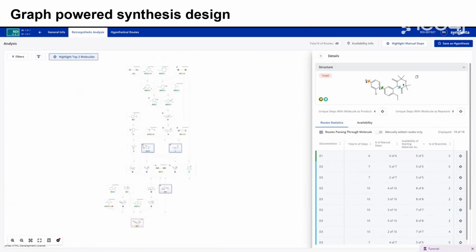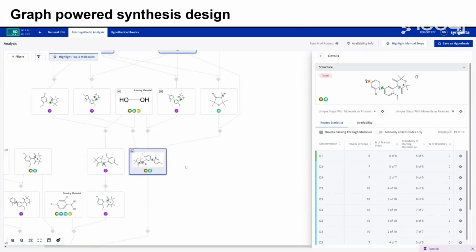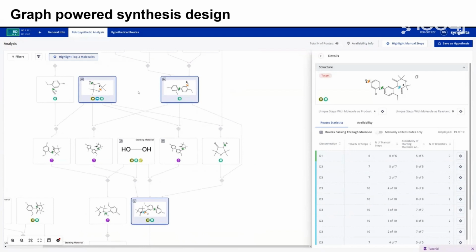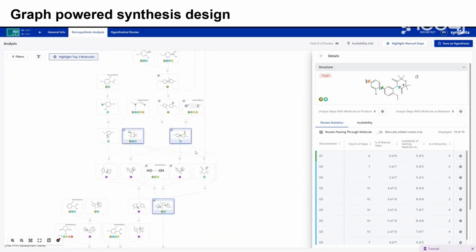So this is roughly how it looks like. It's also the representation which we hope will be adopted for brainstorming. So as you see, graph really works well with reaction data.